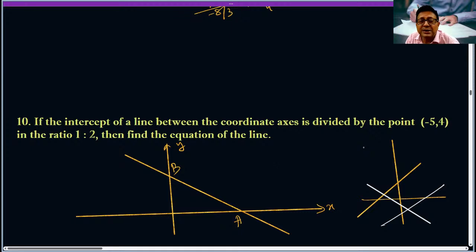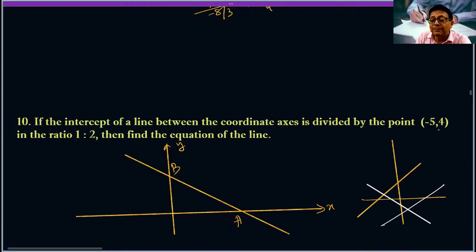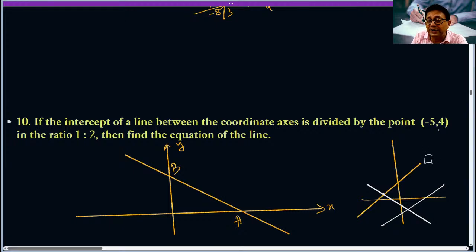But the first thing you have to notice is that a point on the line is minus 5, 4. The point minus 5, 4 lies here. So only these two possibilities are there. Did you understand? But how can you write these two lines?